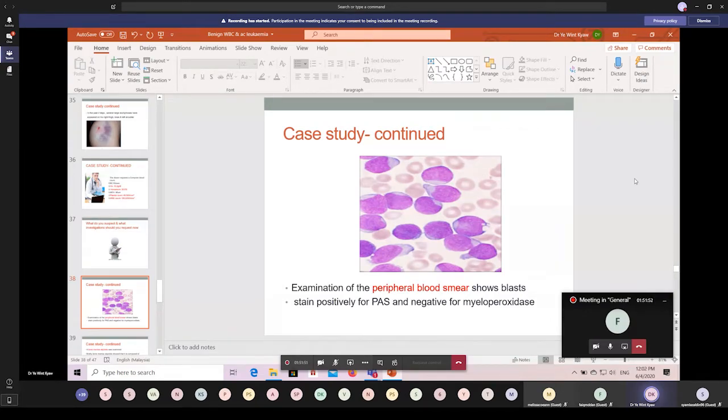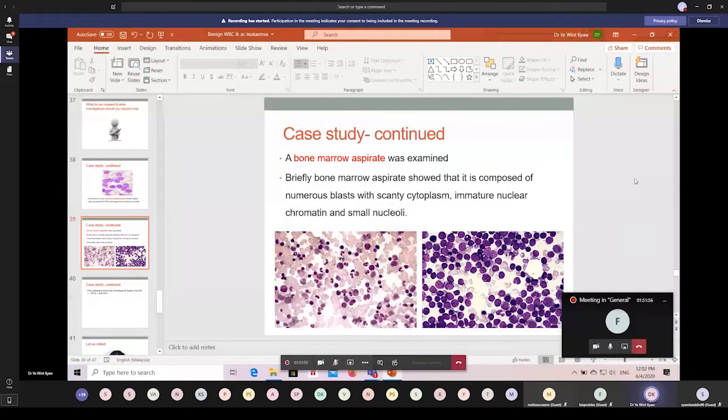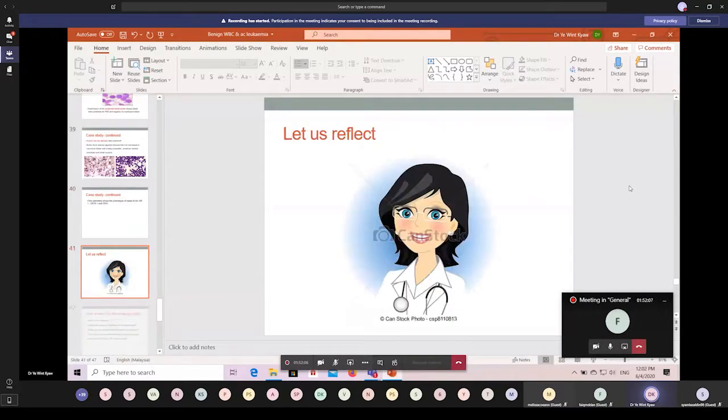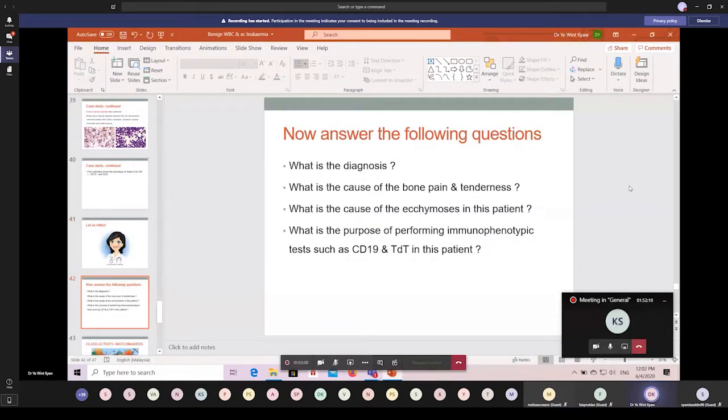On examination, then aspirate, you see this, then flow cytometry, CD19 positive. So CD19 positive means what is the diagnosis? What is the cause of bone pain?